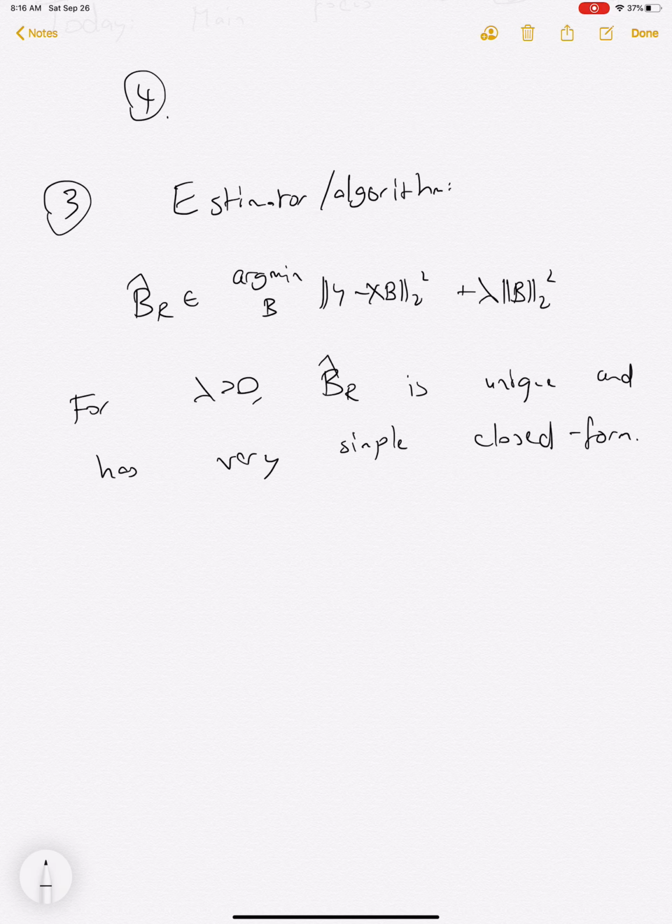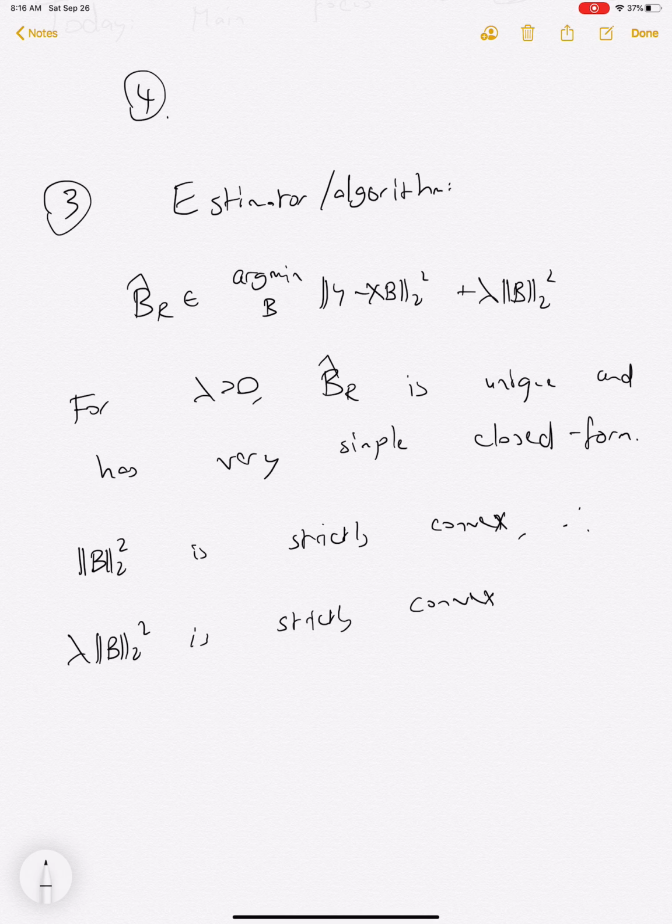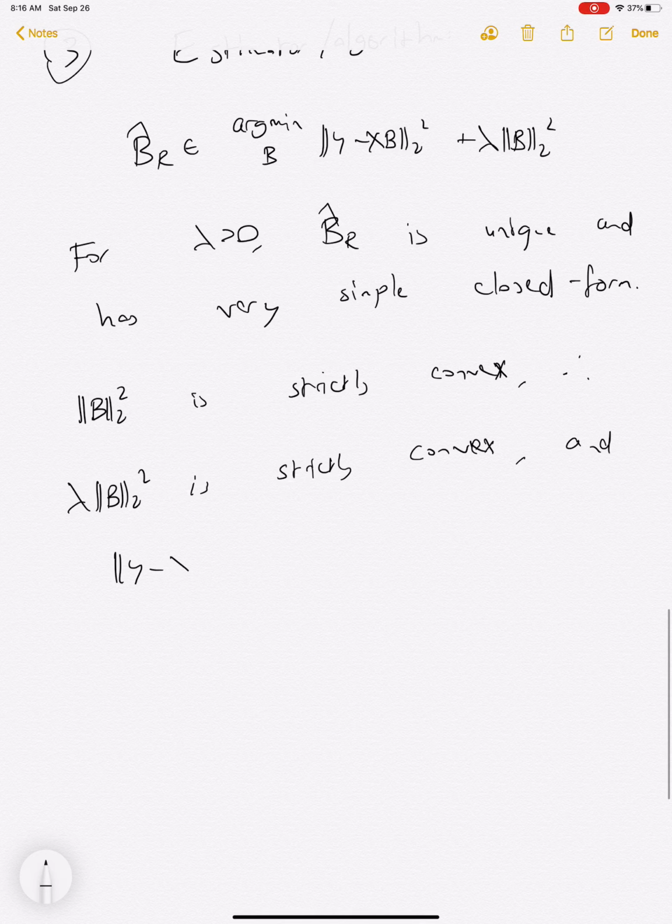Because we know that the norm of beta squared is strictly convex. Therefore, obviously, if lambda is bigger than zero, then lambda norm beta squared is also strictly convex. And then we also know that the least squares term is convex. And so this means that beta hat R is unique.